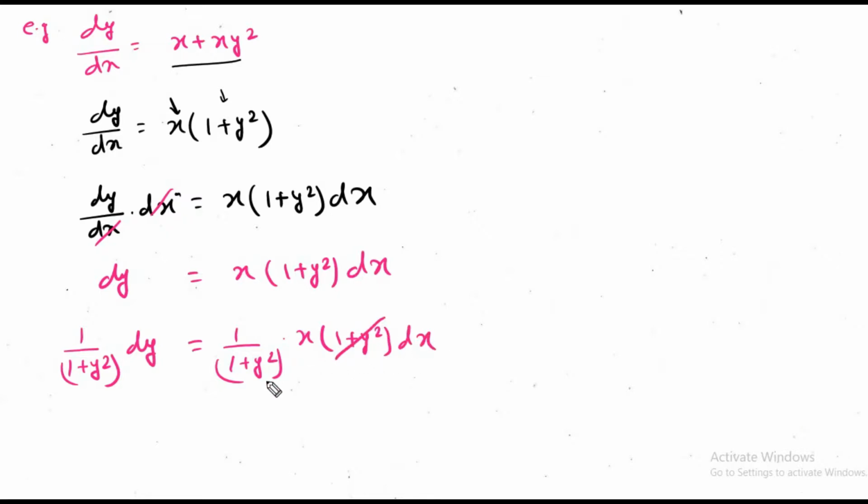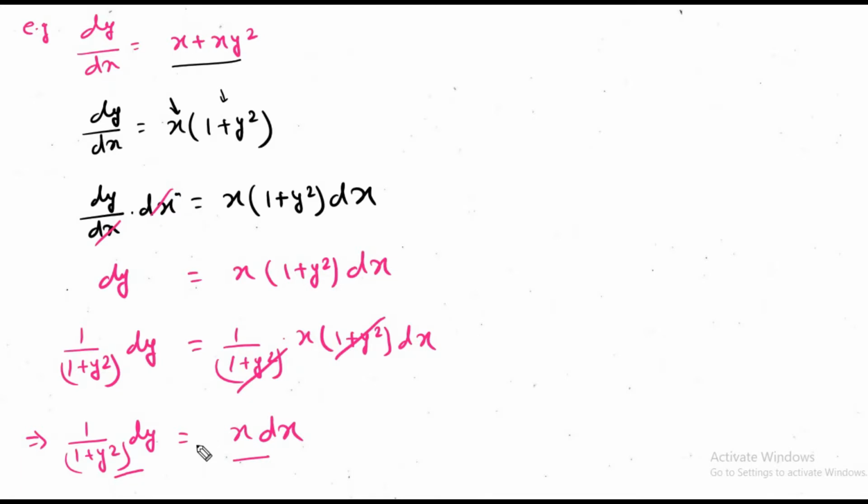Here 1 plus y square and 1 plus y square cancel out, so the equation becomes 1 by 1 plus y square dy is equal to x into dx. Here the function of y is on the left side and the function of x is on the right side.